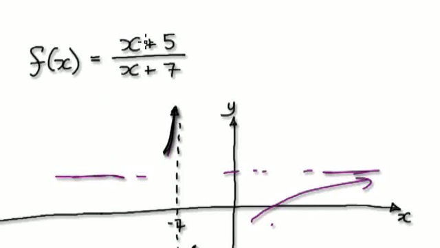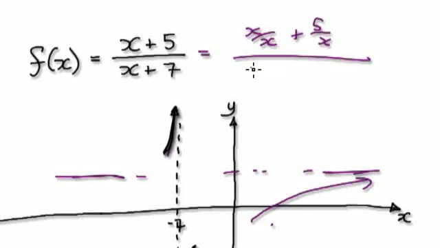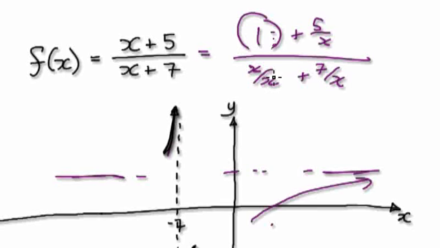Now on this side here, divide top and bottom by x. So you have x over x plus 5 over x, and then the denominator x over x plus 7 over x. This thing here becomes 1. This thing here becomes 1.